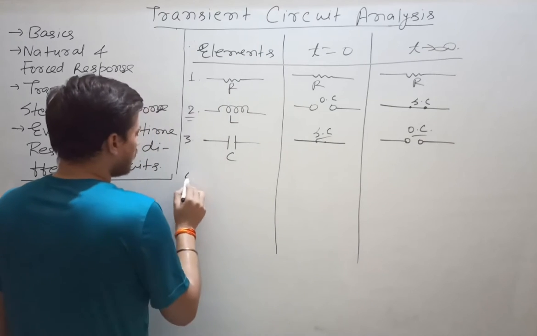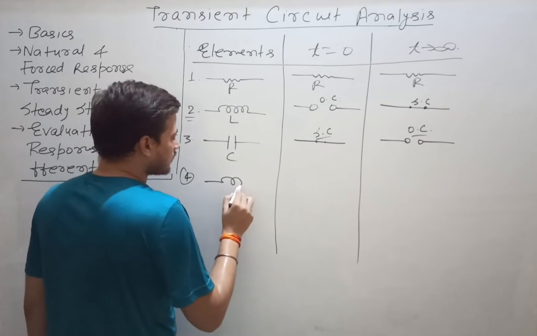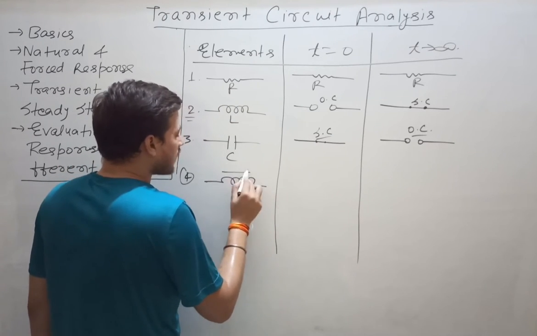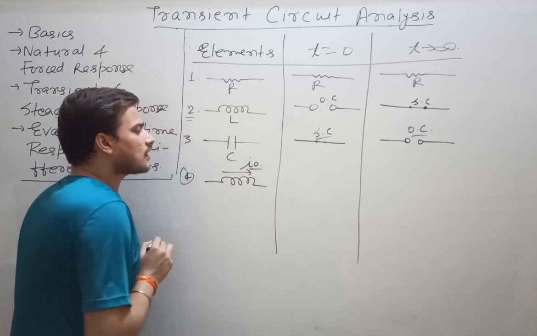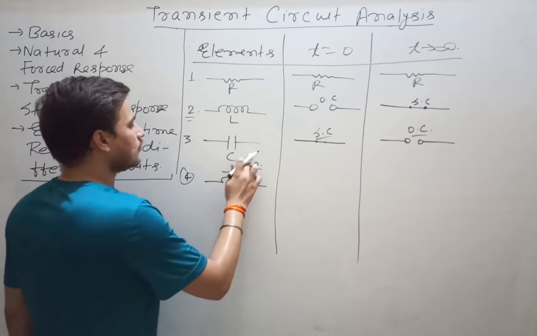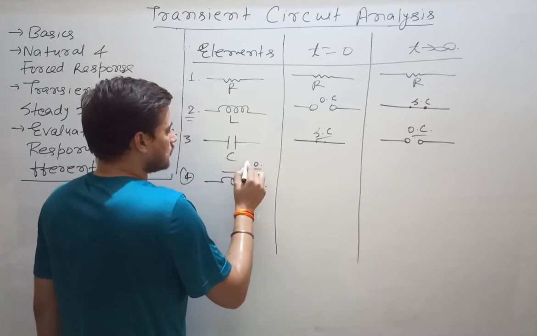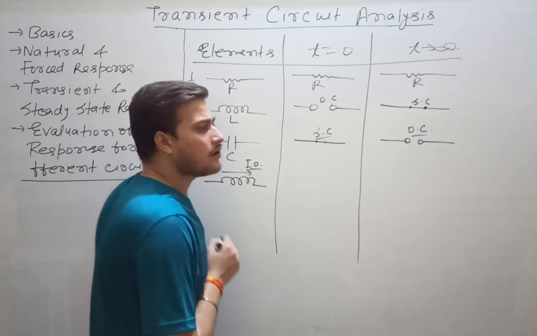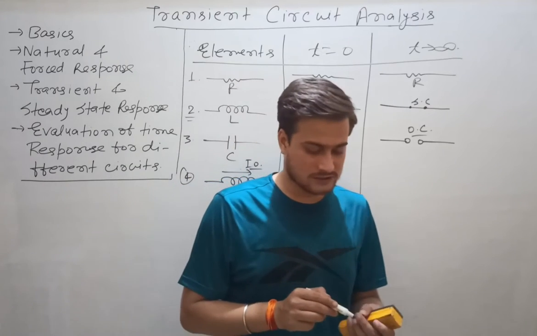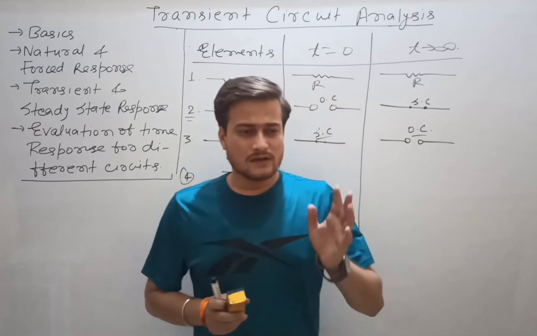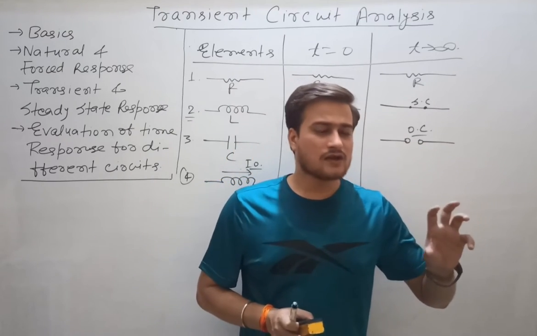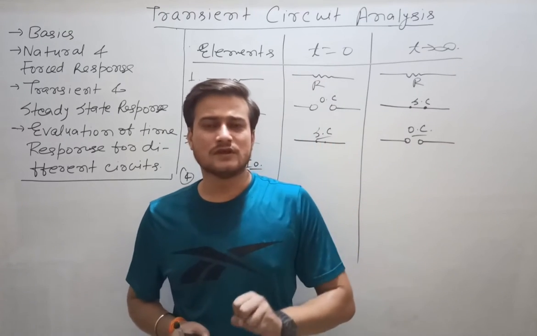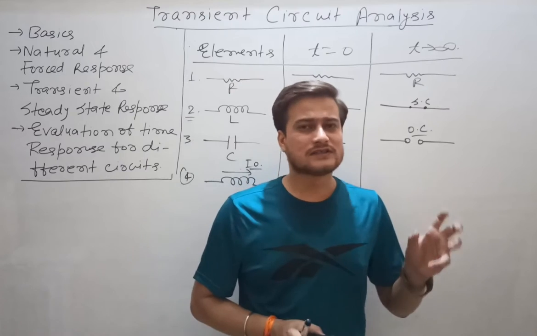Fourth one, now if you are having an inductor and initially this inductor was carrying a current I naught. How is it possible? Suppose the inductor was used in another circuit and it was operated for some time.